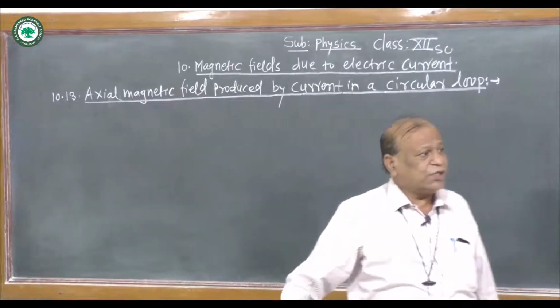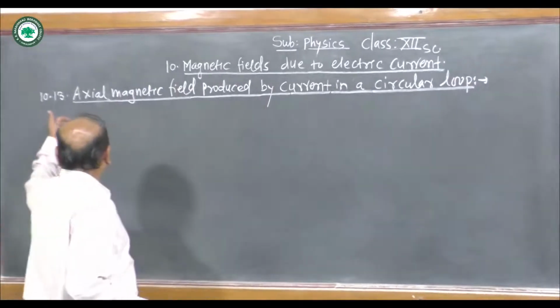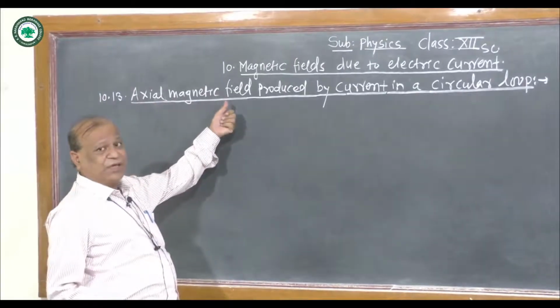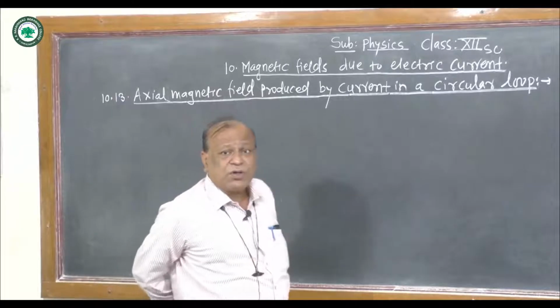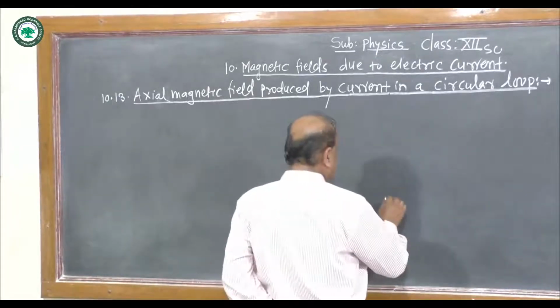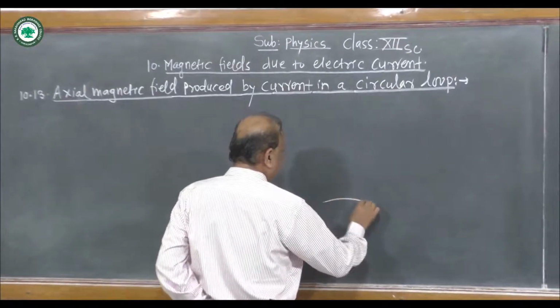Now, today we are going to article number 10.13, axial magnetic field produced by a current in a circular loop. Means we consider here the circular loop.